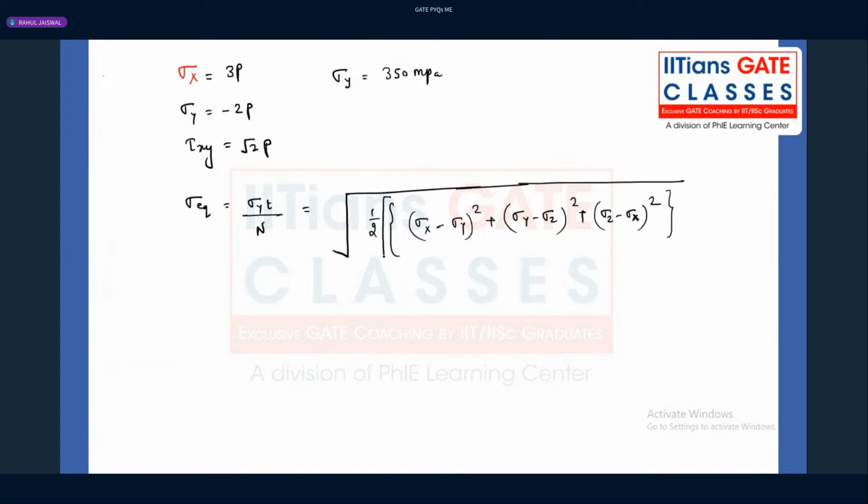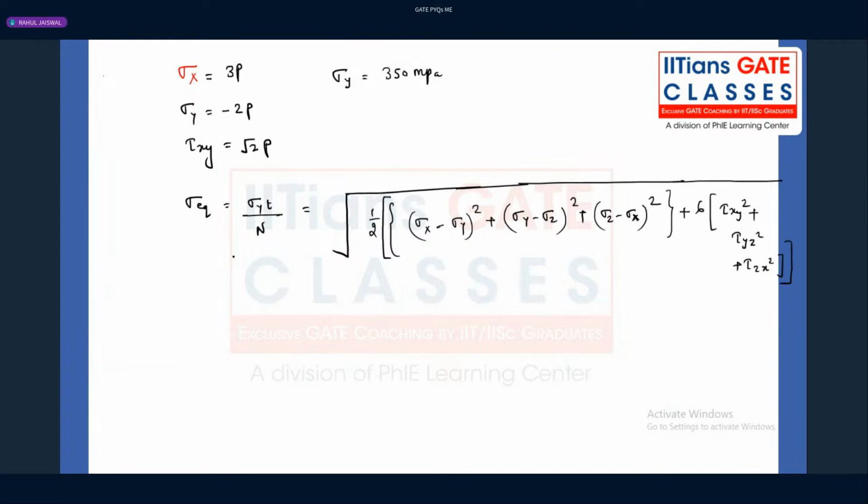This is the whole bracket. Half is basically we have taken here. Then we have plus 6 plus tau zx square under root of that.